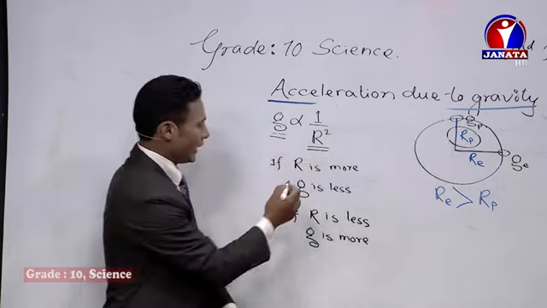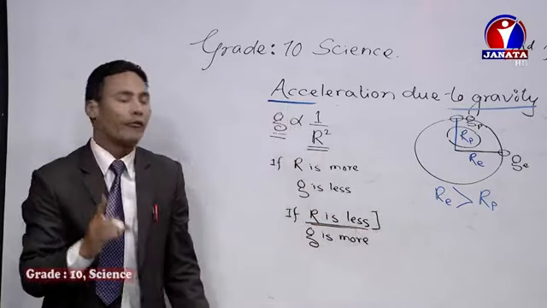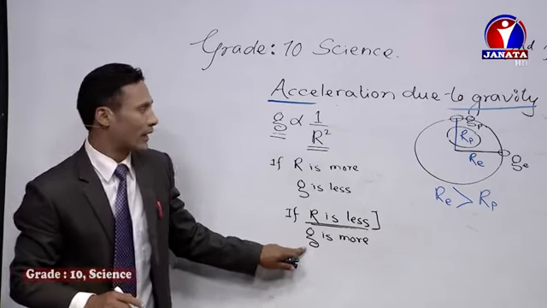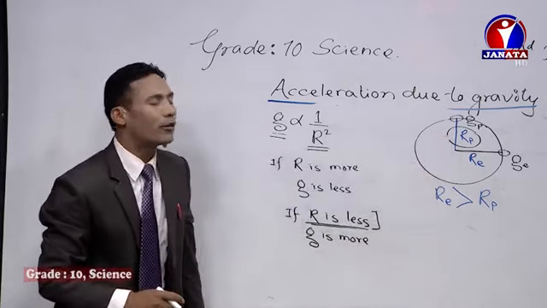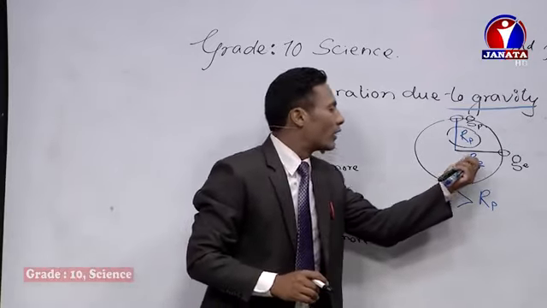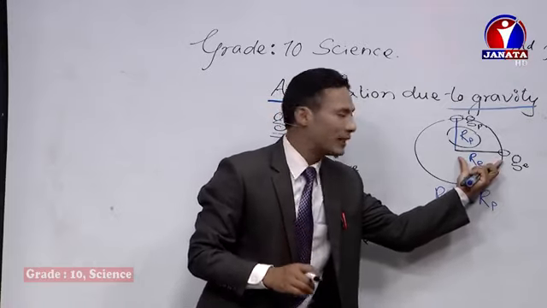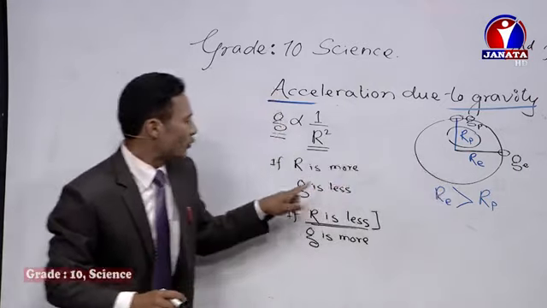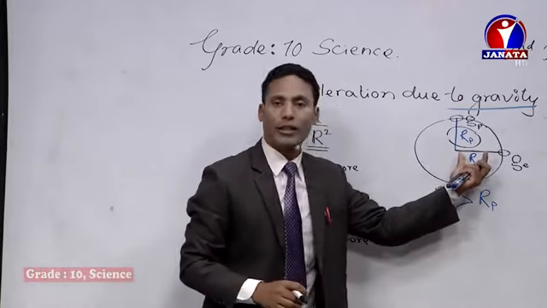Less radius means the value of acceleration due to gravity is more. Similarly, the radius of the equatorial region is more, so the value of g is less at the equatorial region.